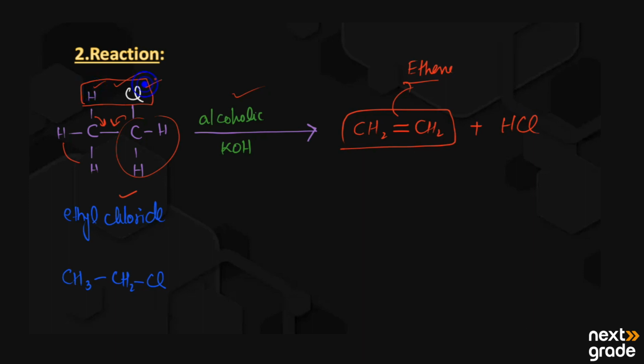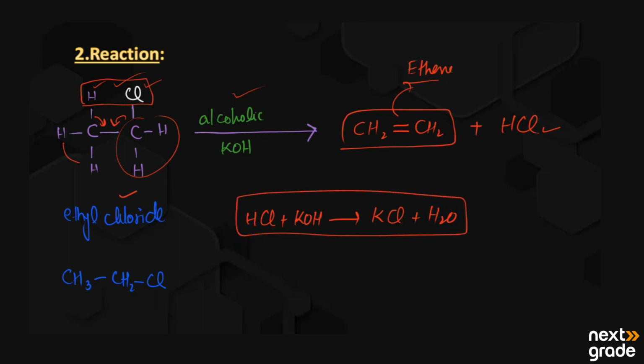A hydrogen and Cl form hydrochloric acid. After that, this HCl reacts with the potassium hydroxide, forming potassium chloride plus water. This is the simple reaction between ethyl chloride and alcoholic KOH. This reaction is known as dehydrohalogenation of the alkyl halides.